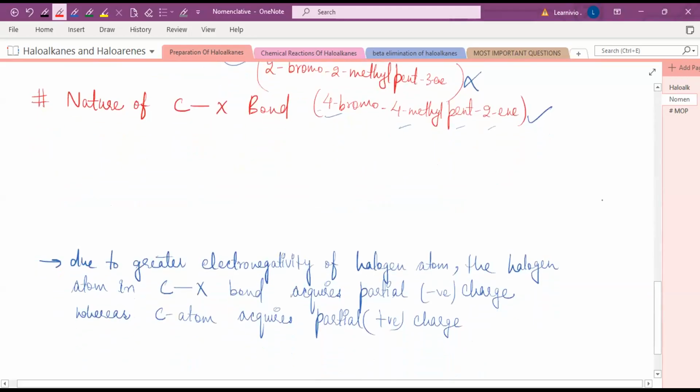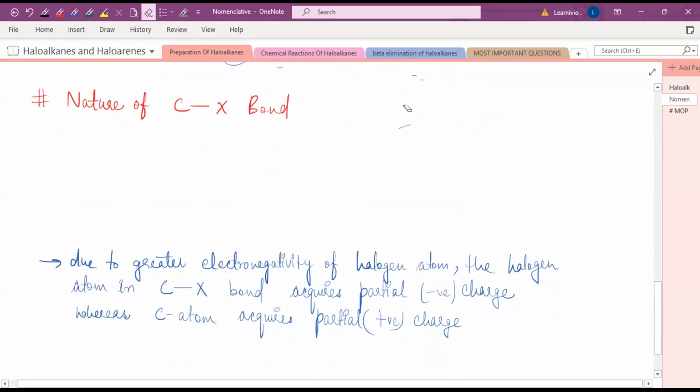Nature of the C-X bond. Now what is C? Carbon and halogen ke beech mein jo bond hoga, what is the nature of that bond? So let's discuss. When this bond breaks, this is your highly electronegative atom.